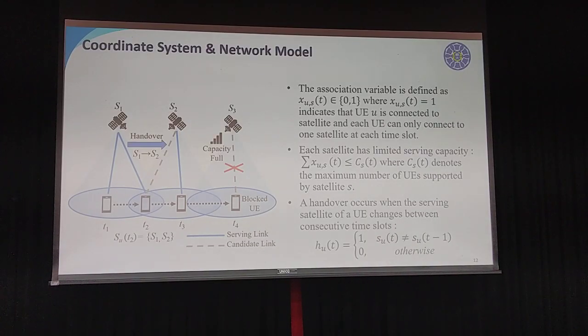We define a binary association variable to indicate whether a user is connected to a specific satellite. Each user can only connect to one satellite at a time. At the same time, each satellite has limited serving capacity. If the serving satellite changes between consecutive time slots, we count it as a handover event. This model allows us to analyze both resource allocation and switching behavior in the network.